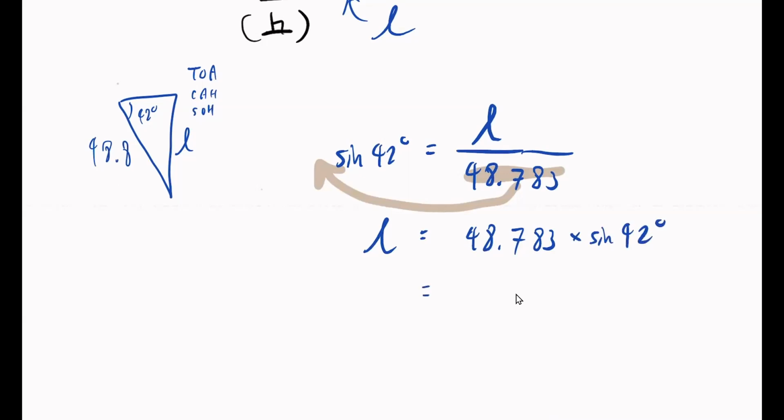Okay, then just multiply 48.783 times sine 42. You can also use the most accurate answer on your calculator, but I don't think it's necessary because you're rounding off to 3SF anyway. Meters.